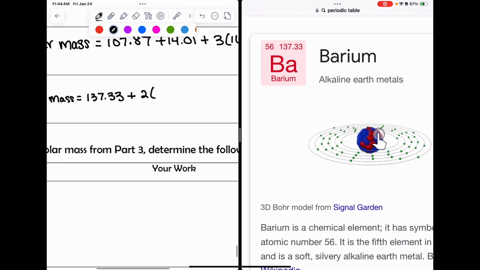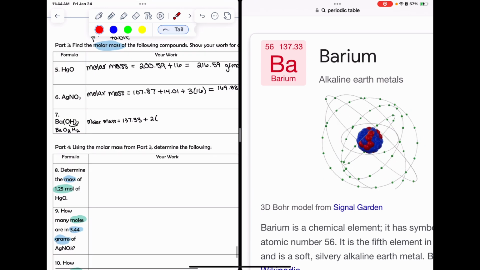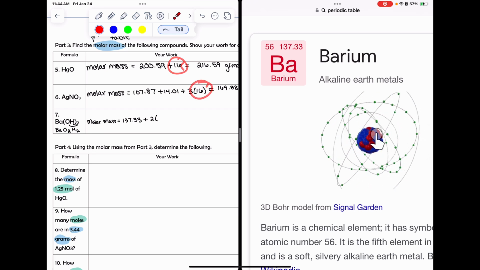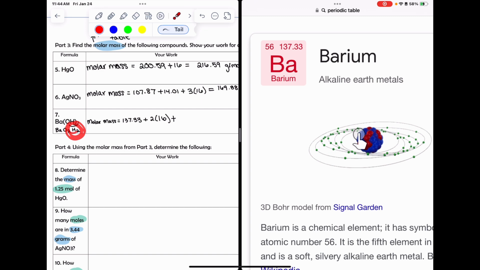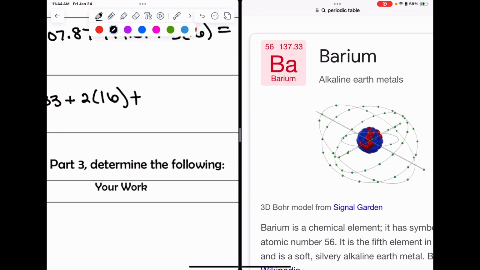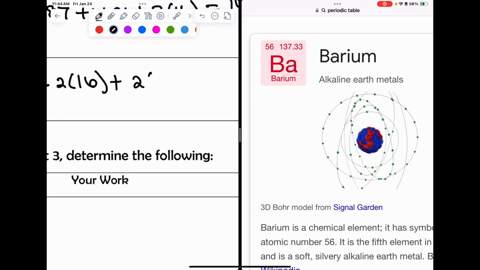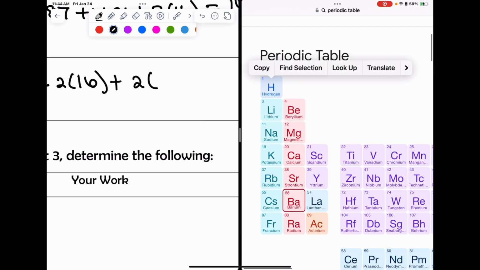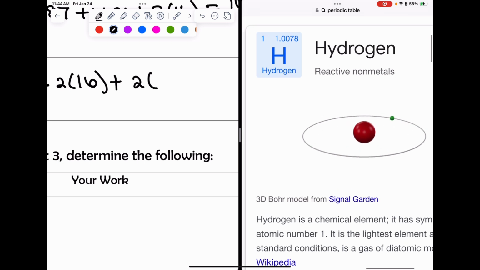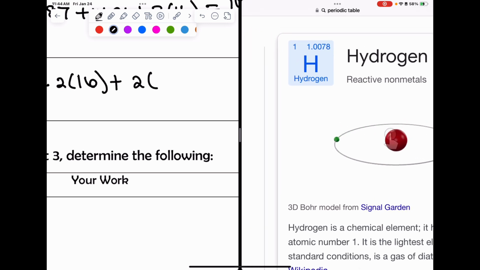And we already know what the mass of oxygen is because we've used it in the previous 2 examples. It's 16, so I'm going to copy that down here. And same for hydrogen. You have 2 hydrogen, so we need to multiply the mass of hydrogen by 2. And if you look at your periodic table, hydrogen has a mass of 1.008. Let's round that to 1.01.